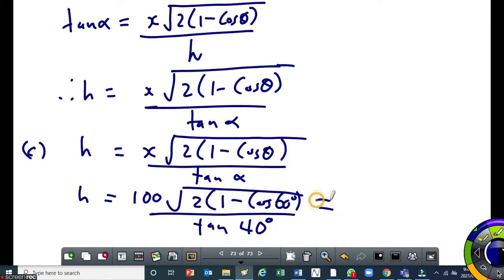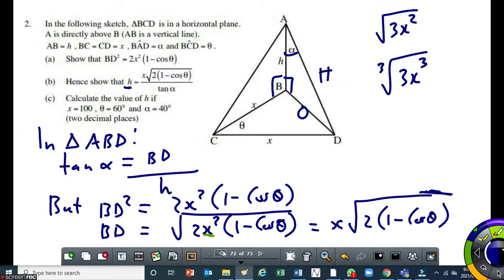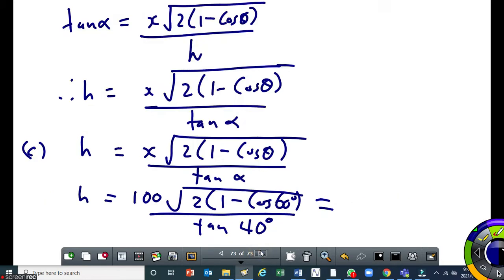When you use your calculator, you must round to 2 decimal places.